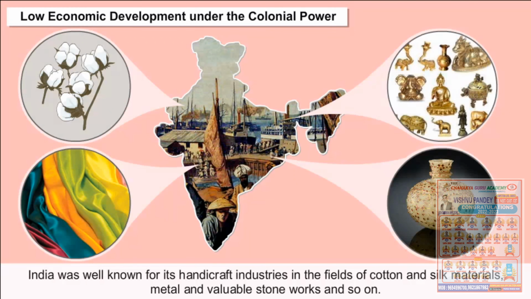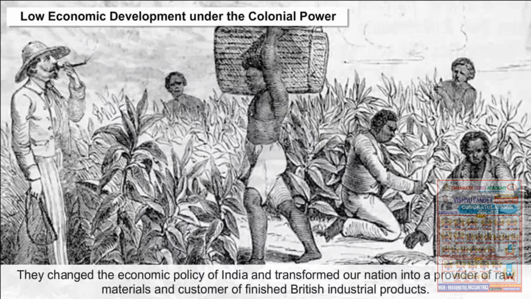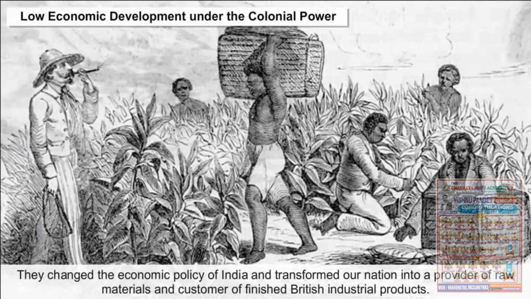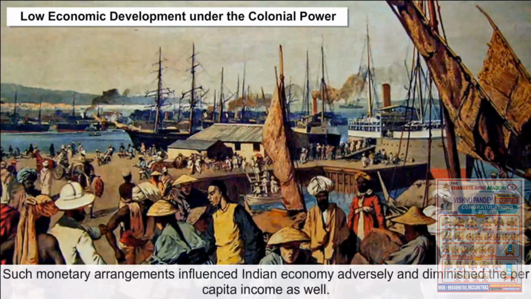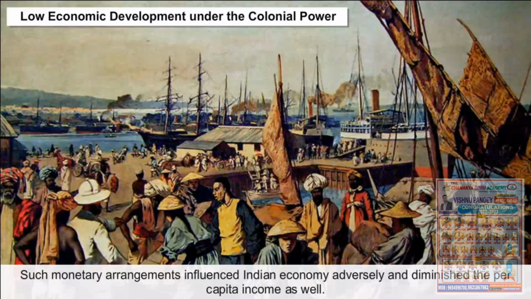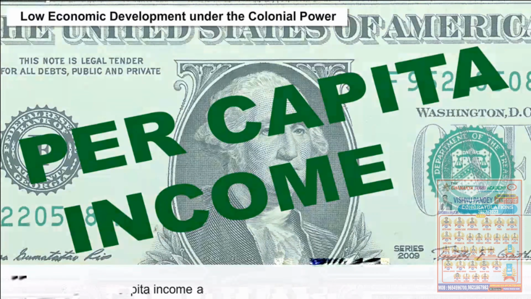They changed the economic policy of India and transformed our nation into a provider of raw materials and customer of finished British industrial products. Such monetary arrangements influenced the Indian economy adversely and diminished the per capita income as well.